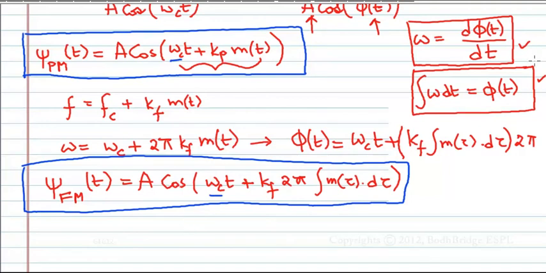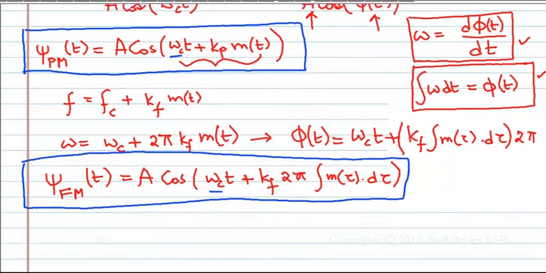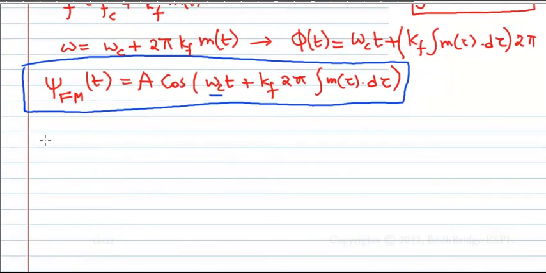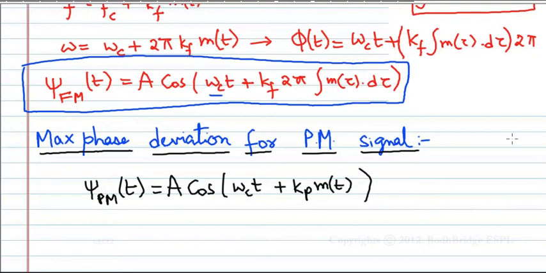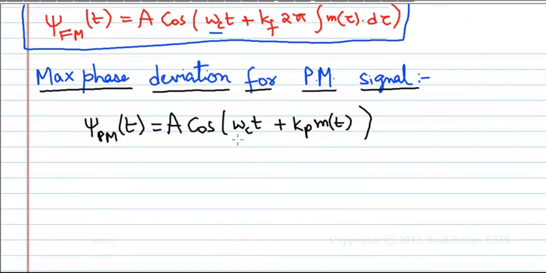And now we shall check what is the maximum phase deviation for the phase modulated signal. What am I finding now? Maximum phase deviation for the phase modulated signal. The phase modulated signal I have written above, and the phase term is this.